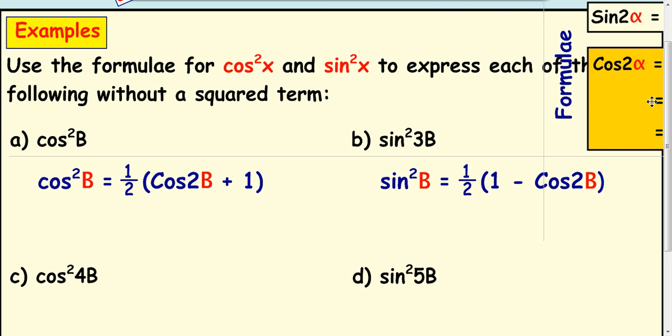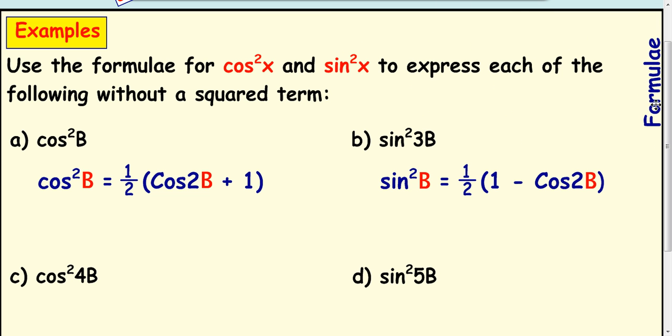That would be using the proof in the previous slides. Now, because we've got sin squared 3 beta, this means you've multiplied this angle by 3. So we need to do the same on this side. We need to multiply this angle by 3. So that becomes a 6.